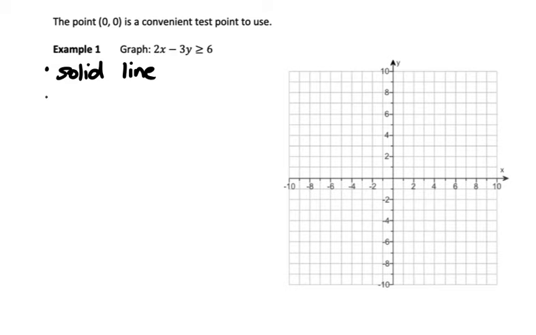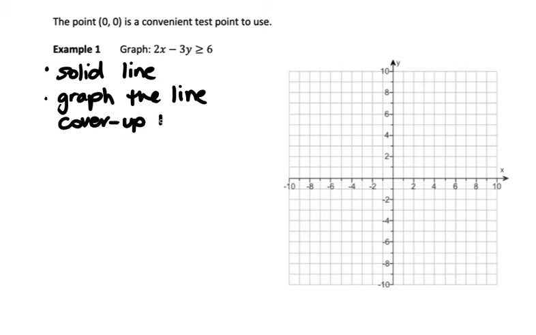So solid line here. And then my next step is to graph the line. I have x and y on the same side of the equation here, which means I'm going to use the cover-up method, which we talked about a couple of weeks ago. So cover up one of the variables.